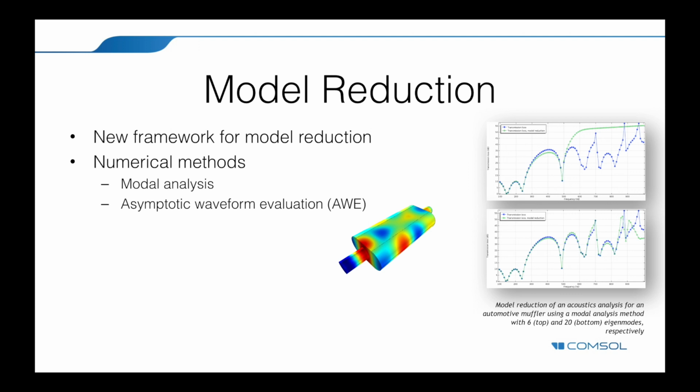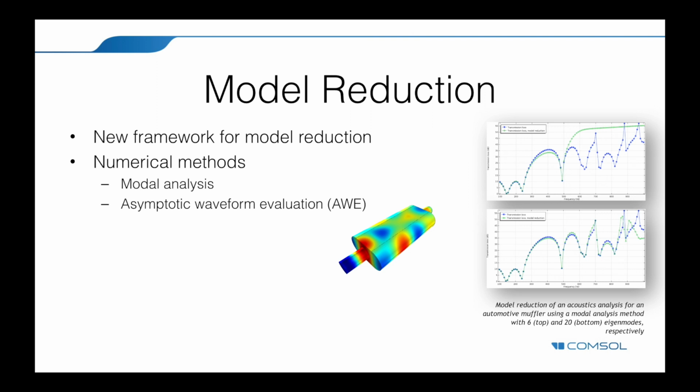To the right here, you see two different cases of model reduction for an acoustics model. This is a frequency sweep for the transmission loss of an automotive muffler. The blue curve is the original. It is the same in both figures. Then we have these two green curves. The top figure shows the frequency sweep using the 6 lowest eigenmodes, and the lower figure shows the same type of sweep, but now with 20 eigenmodes.